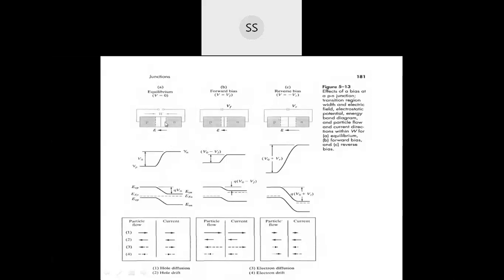During equilibrium condition, the width is like this. During forward bias, the width is reduced, and during reverse bias, the width of the space charge region is further enlarged. So the external biasing, either plus VF or minus VR, has a direct impact on the transition region width.